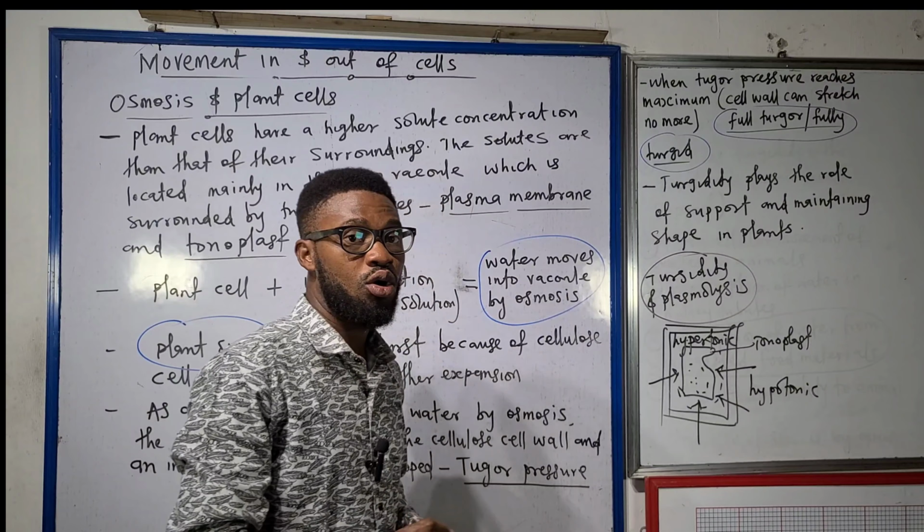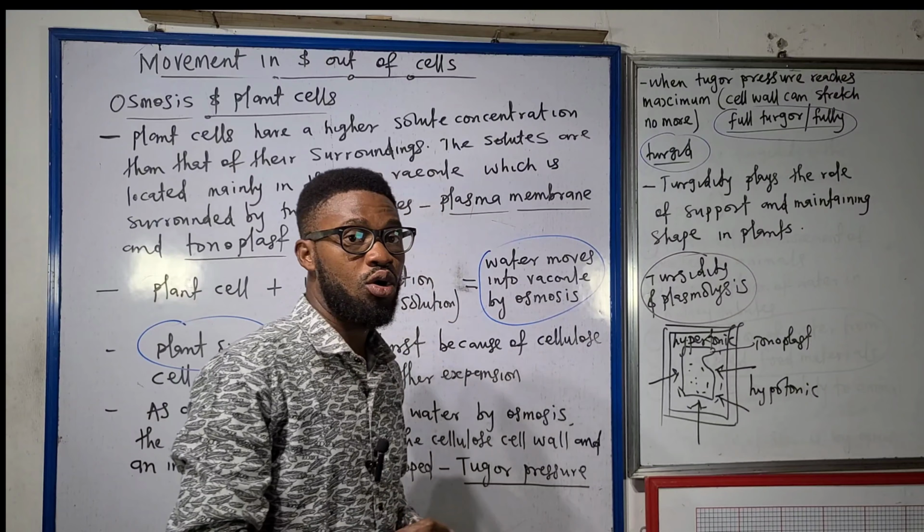Also, reabsorption of water in the kidney tubules. Now, during the formation of urine, let's say the nephron, we have the first convoluted tubule where most of the water is reabsorbed, and then you have the loop of Henle, where, of course, the longer the loop of Henle, the more the water reabsorption.